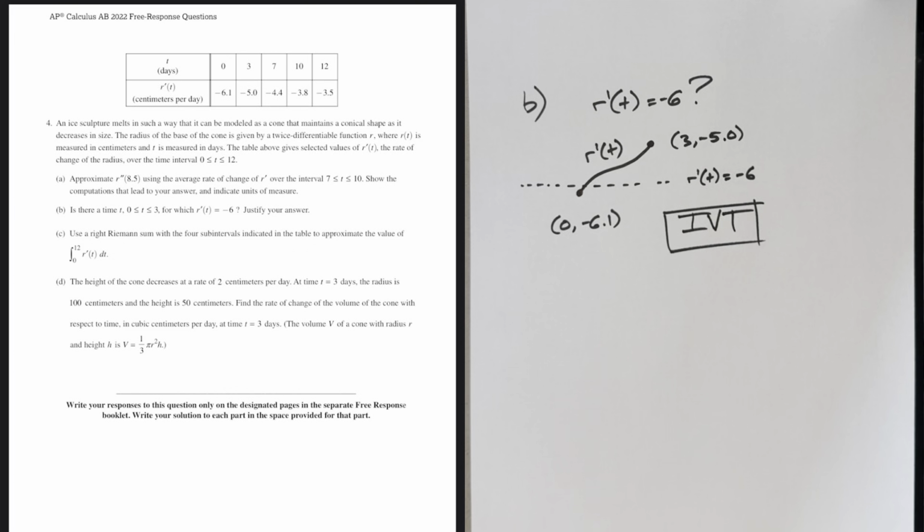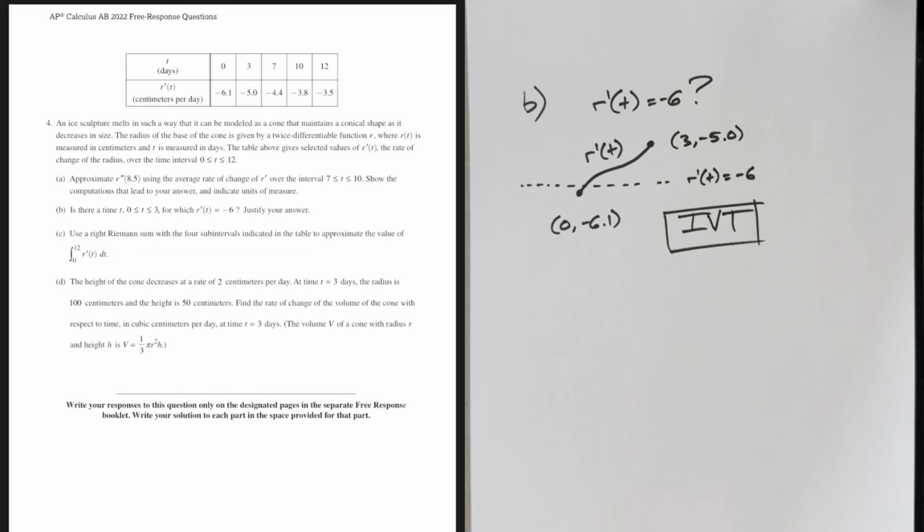So that was a tricky one if you didn't know the theorem. If you did know the theorem, relatively easy one. For that one, it's just really important that you say the buzzword, right? You gotta say intermediate value theorem. If you don't say that, the AP is going to think you don't really know what you're doing.